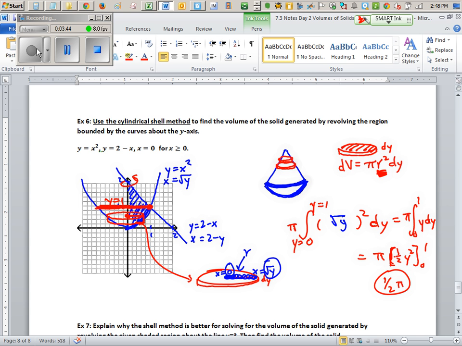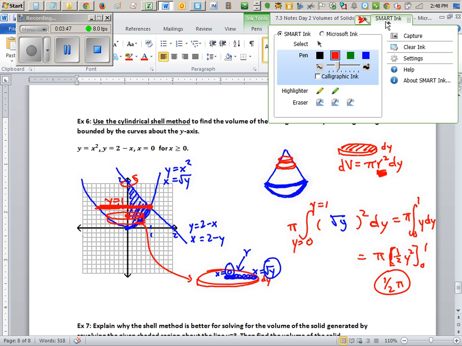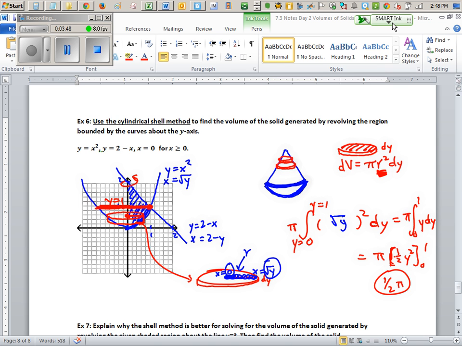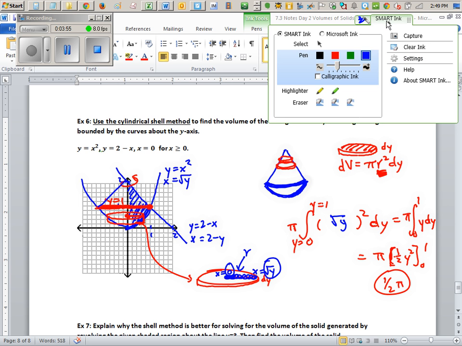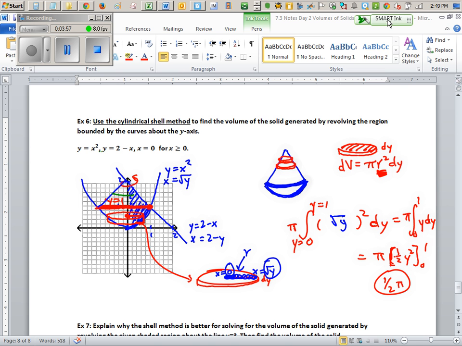And then the top half of this thing takes on a little bit different look. Up here your washers, or your discs I mean, look more like this. And drawing that over here, the radius goes from x equals 0 to x equals 2 minus y.